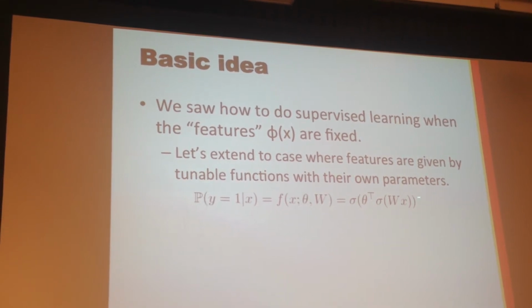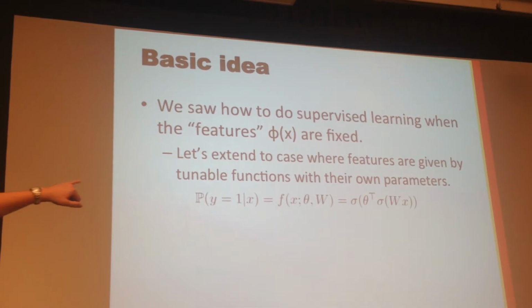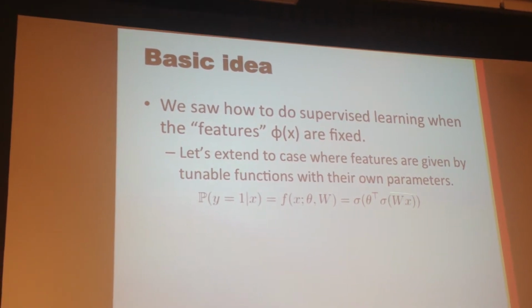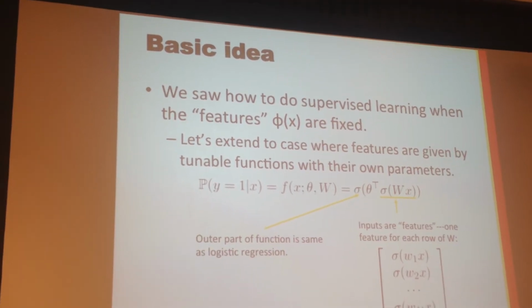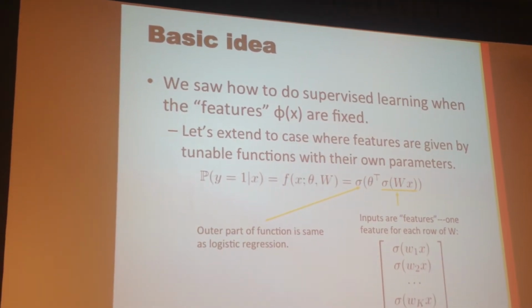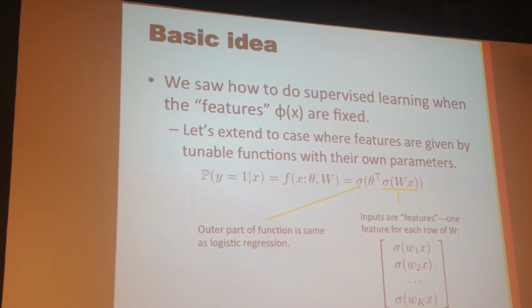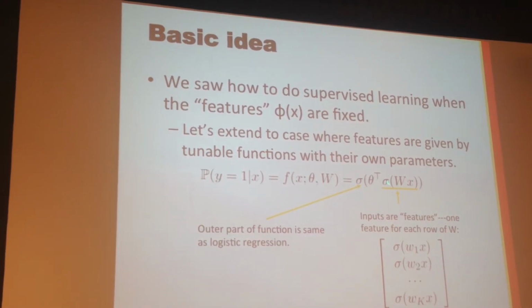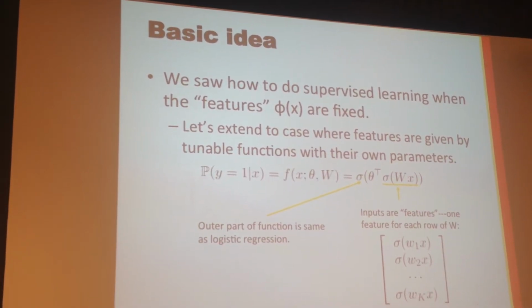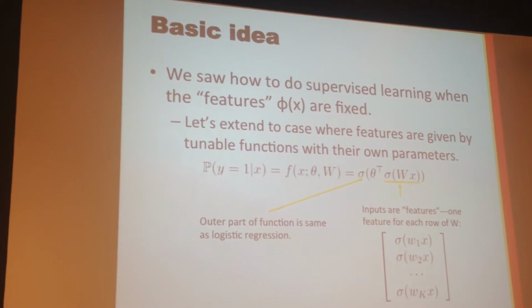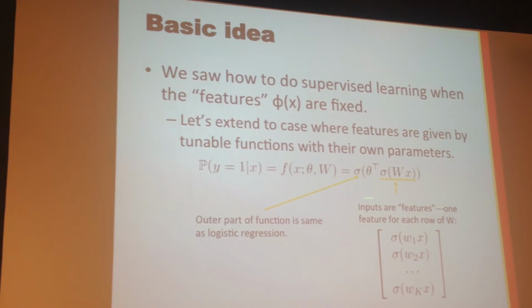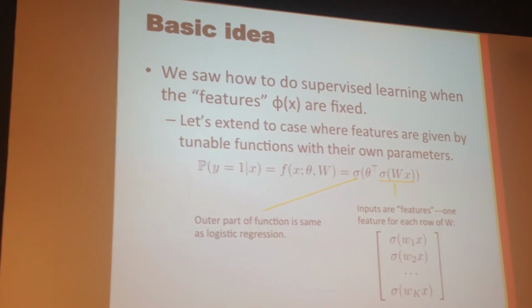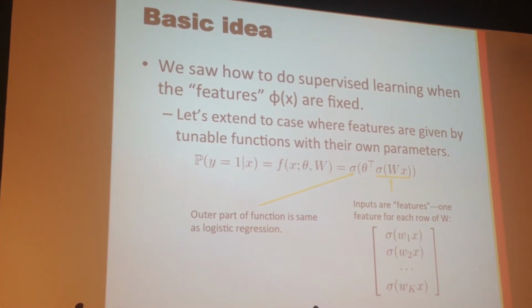But now I don't have x anymore. I've put another sigma, or sigmoid function, in there of W times x, where W is actually a matrix. This outer function is the same as I had in my binary classification algorithm. But this inner part is where I would normally have my feature function. Normally I'd put my features in here. But now I have a tunable function where each element in this vector corresponds to one feature.